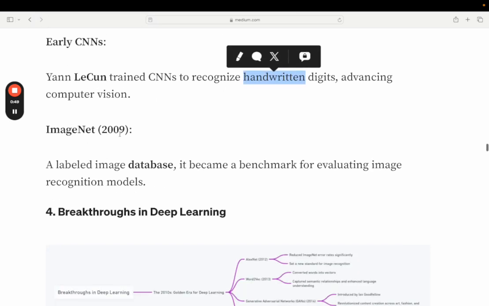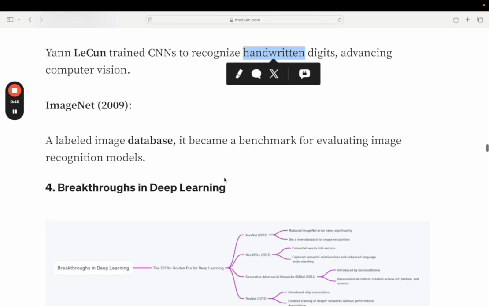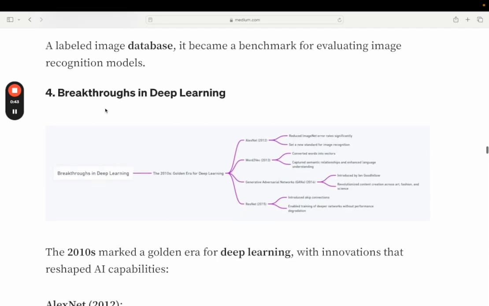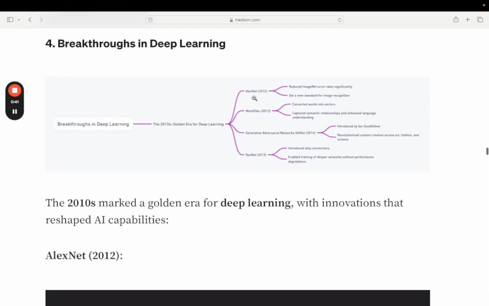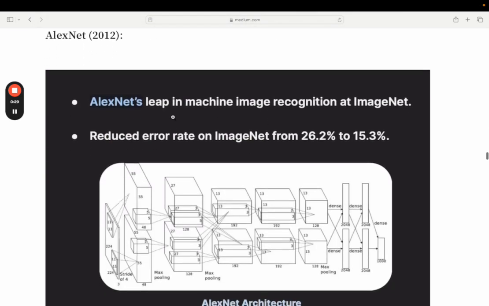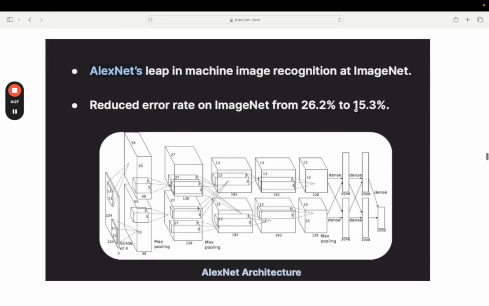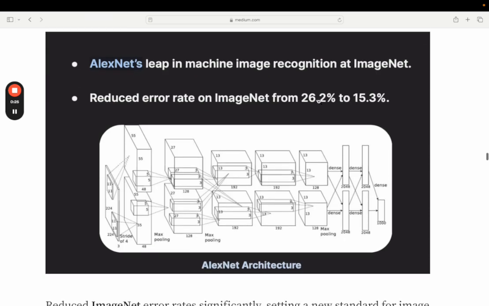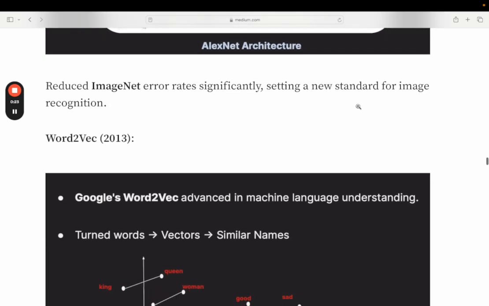ImageNet came, a labeled image database that became the benchmark for evaluating image recognition models. Then the breakthrough in deep learning: AlexNet in 2012 came, then Word2Vec, then the generative adversarial network, called GAN, in 2014, and then ResNet in 2015. AlexNet leapt ahead in machine image recognition, reducing the error rate on images from 26 to 15%, right?